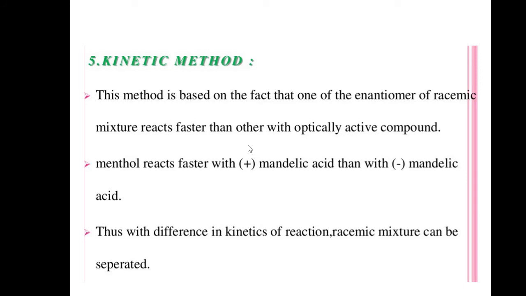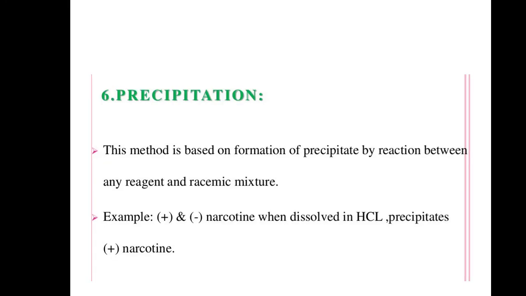Next one is the kinetic method. This method is based on the fact that one of the enantiomers of a racemic mixture reacts faster than the other with an optically active compound. For example, menthol reacts faster with plus mandelic acid than with minus mandelic acid. Thus, with the difference in kinetics of the reaction, the racemic mixture can be separated.